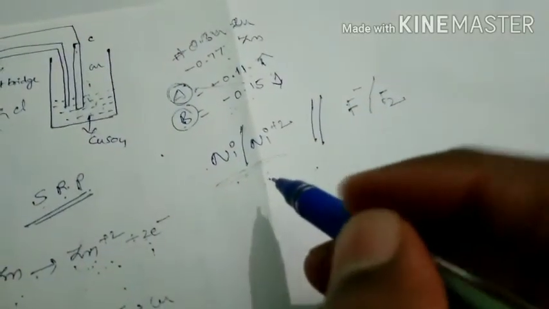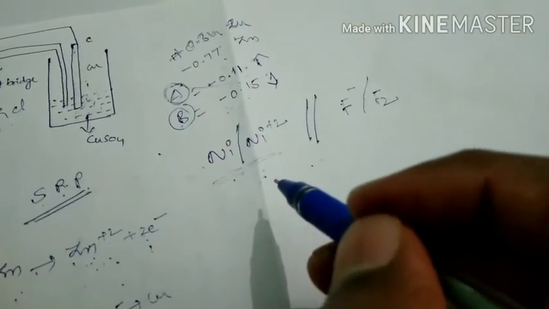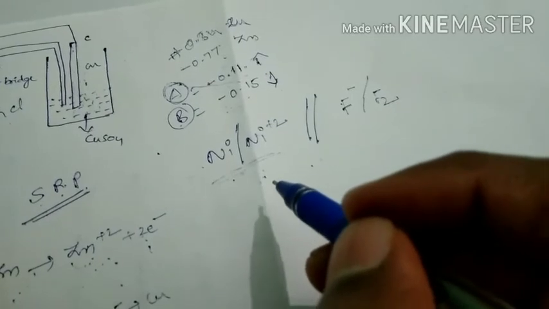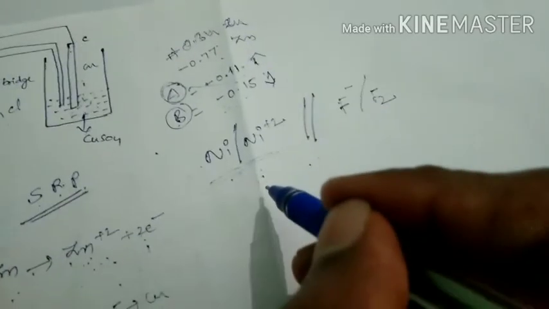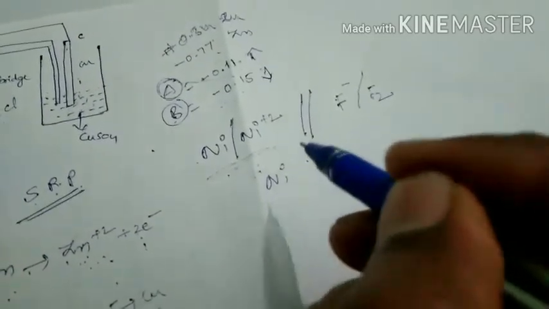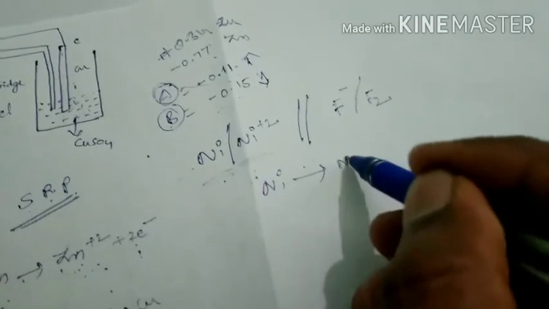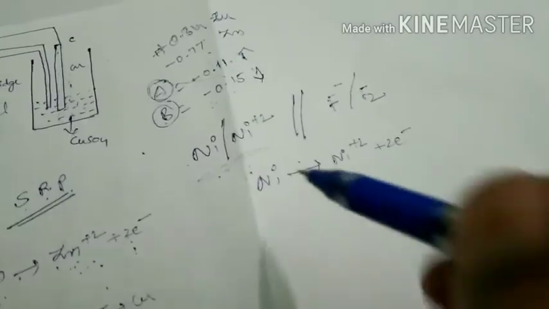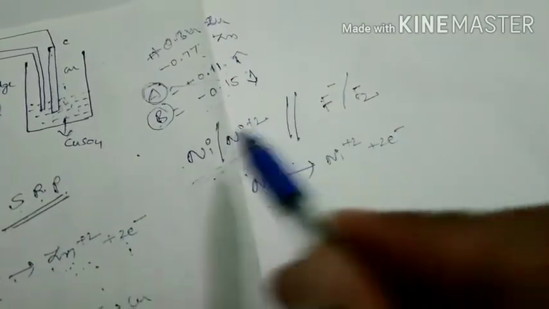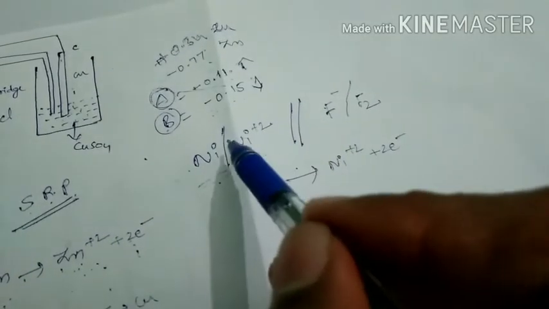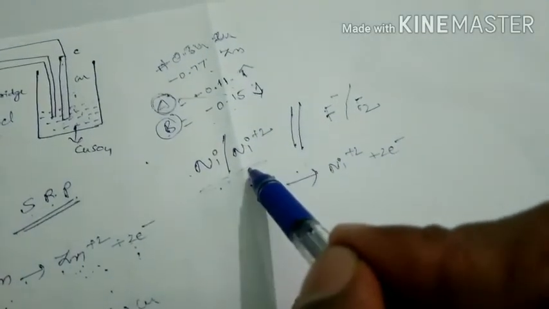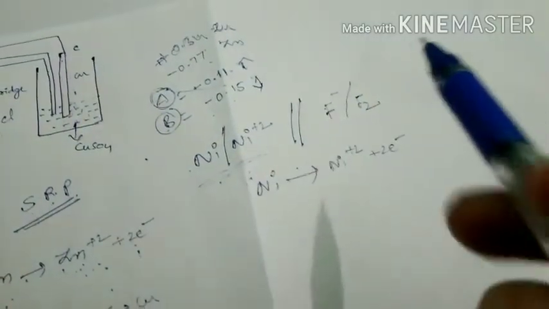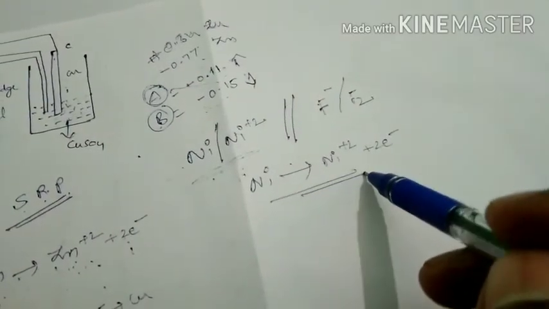The answer is: Ni gives rise to Ni plus 2 plus 2 electrons, because in this cell representation it is present on the left side. The left side is considered the oxidation part, nothing but the anode part. At the anode, oxidation takes place every time. This is the reaction at the anode.